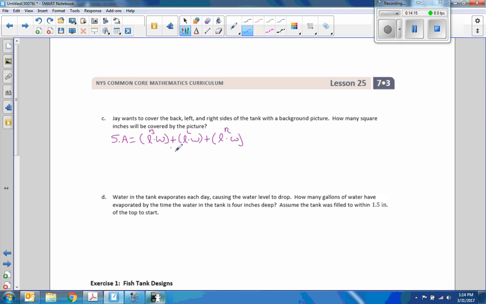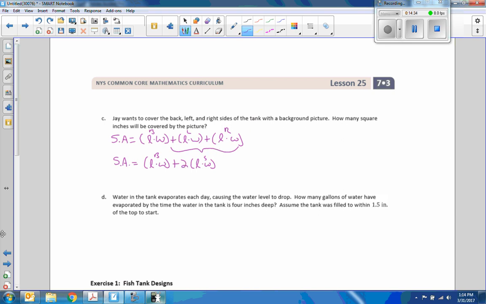And the left and right side are the same, so I could have said the surface area equals length times width of the back plus 2 times the length times the width of the sides, because there's 2 of them and they're equal.